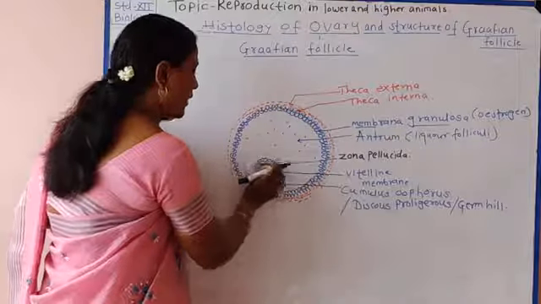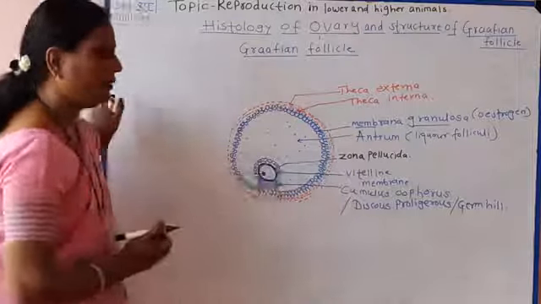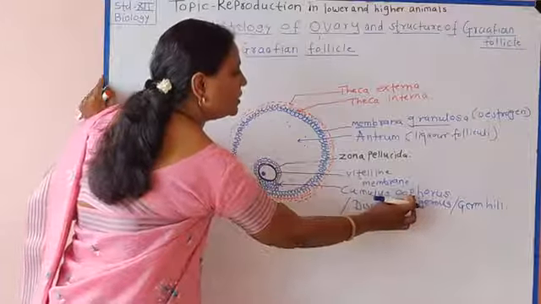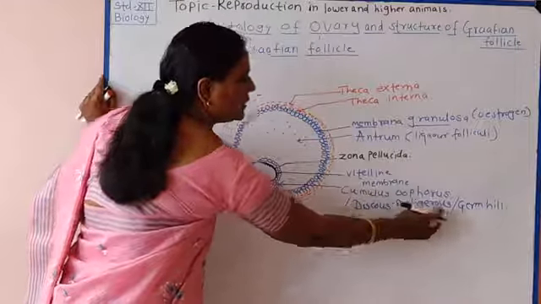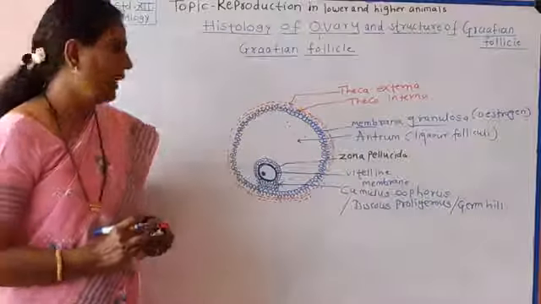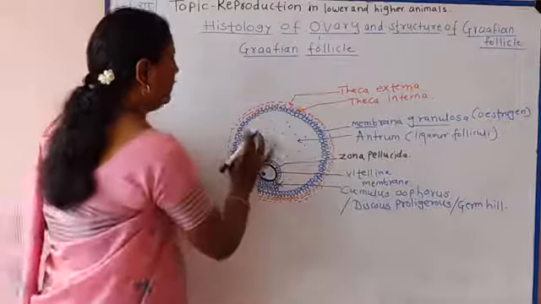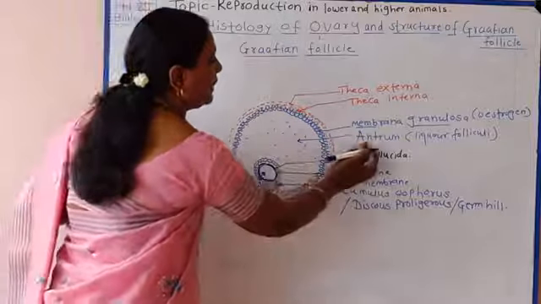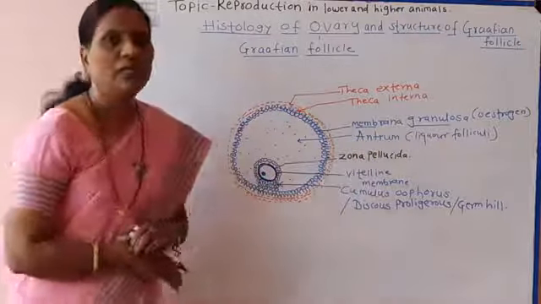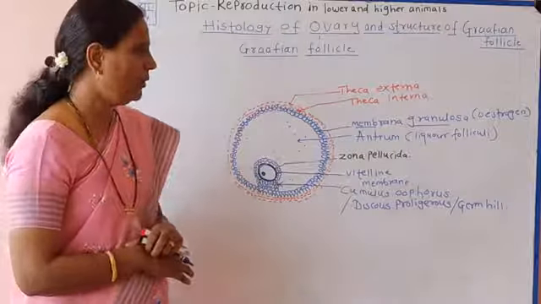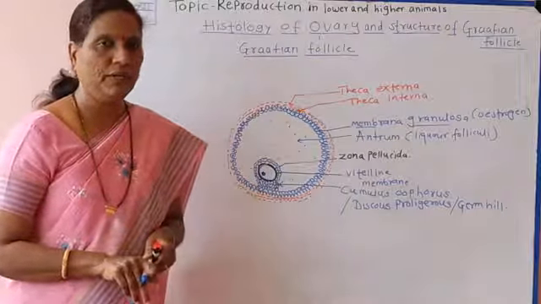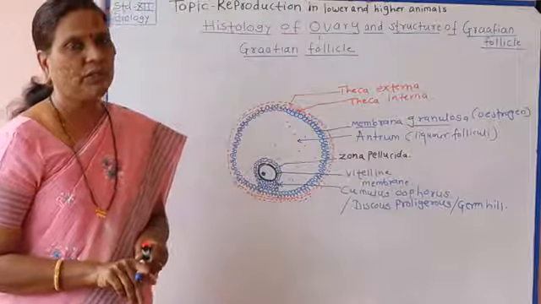They remain attached to the secondary oocyte and form a layer called the cumulus oophorus or discus proligerus, also called the germ hill. The fluid-filled cavity in the Graafian follicle is called the antrum, which consists of liquor folliculi. So here we have completed the histology of the ovary and structure of the Graafian follicle.